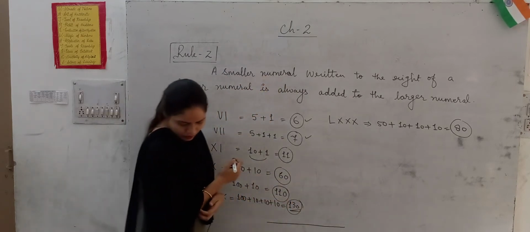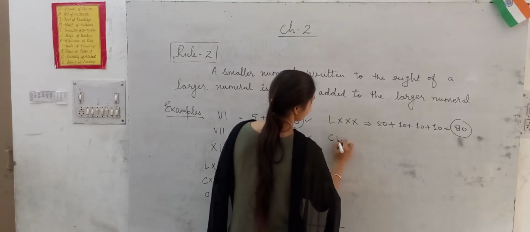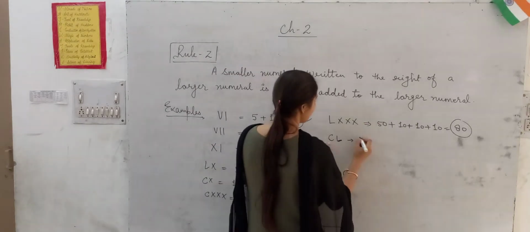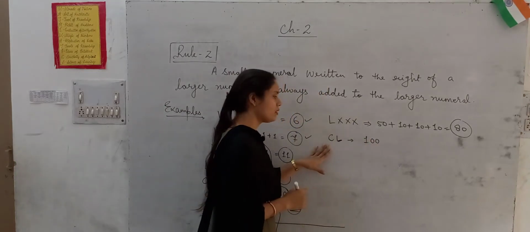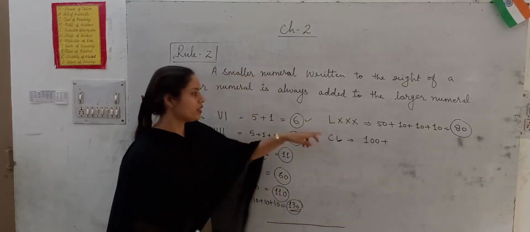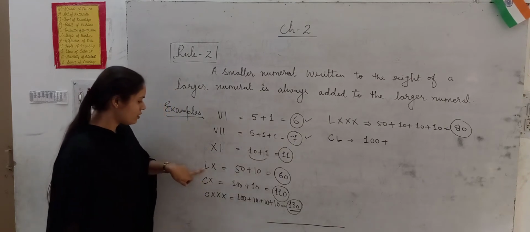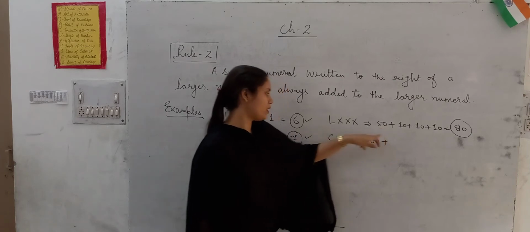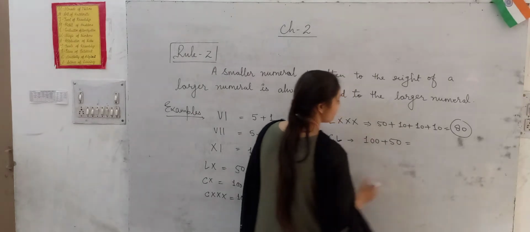One more example is given, C and L. Now you tell me, C means 100 plus L means 50.